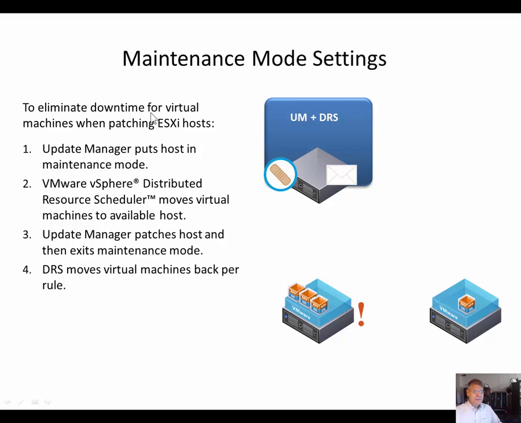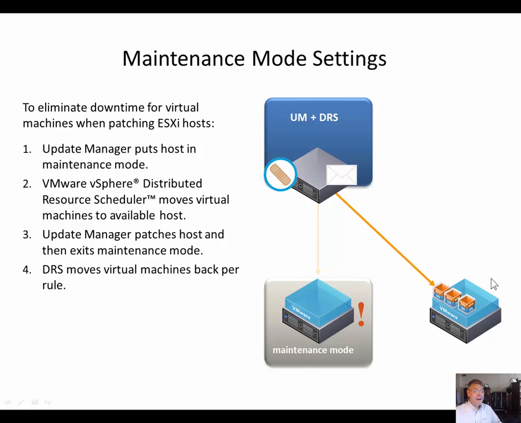Let's look at how maintenance mode settings work. To eliminate downtime for virtual machines when patching ESXi hosts, we have 4 steps here. So step number 1, the Update Manager puts the ESXi host, which is going to be updated, into maintenance mode. Then step 2, the virtual machines are migrated to another ESXi host, so they will still be available to the users.